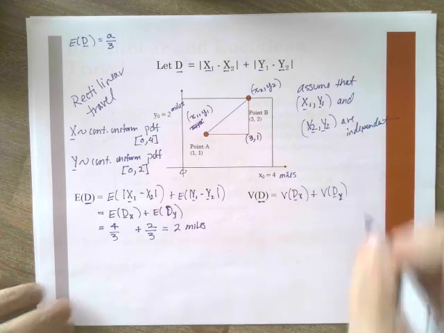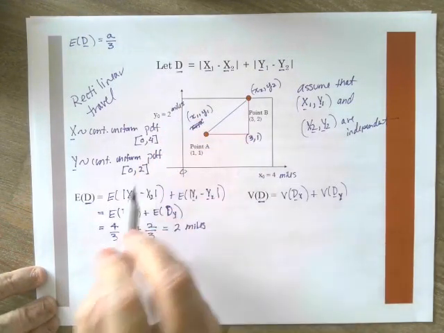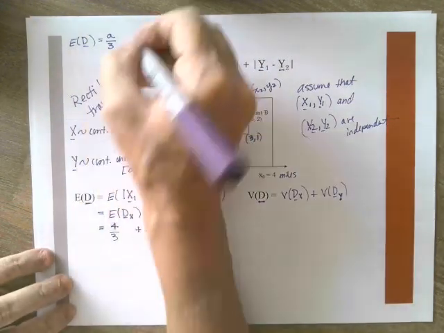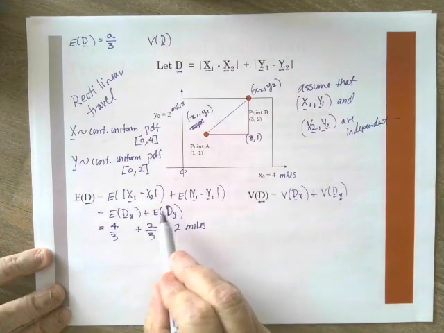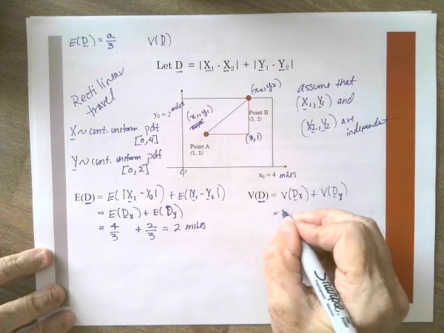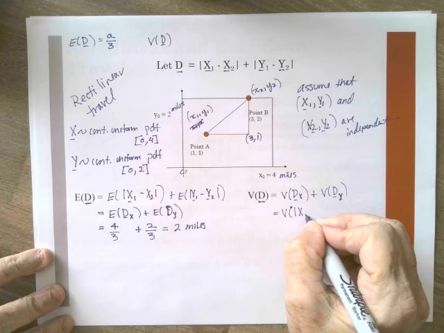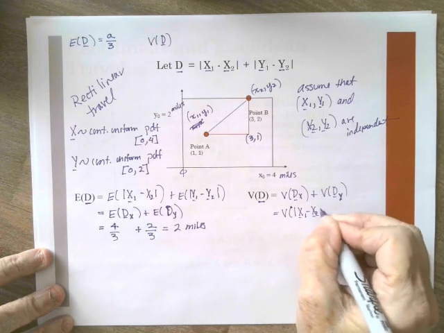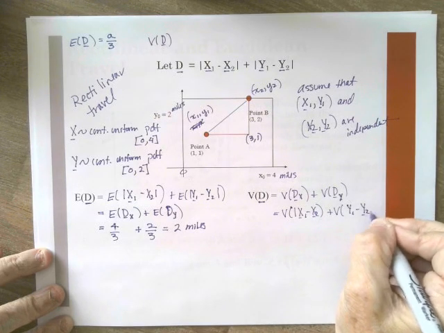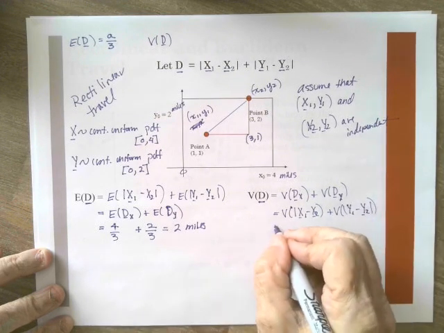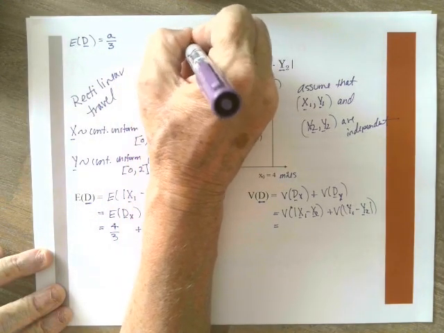Again, we determined that for a street that is A miles long, the variance of the absolute value difference, x1 minus x2, plus the variance of y1 minus y2, and again, that's absolute value, we know that's going to be A squared over 18.